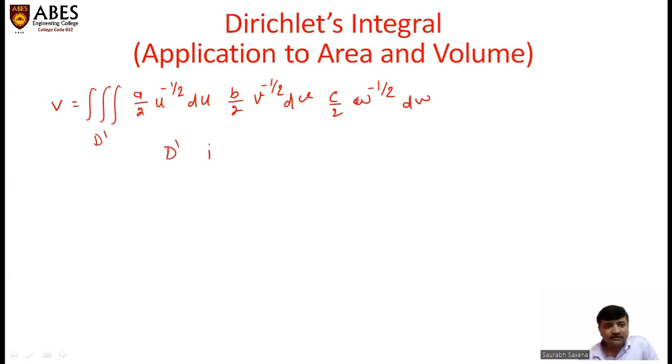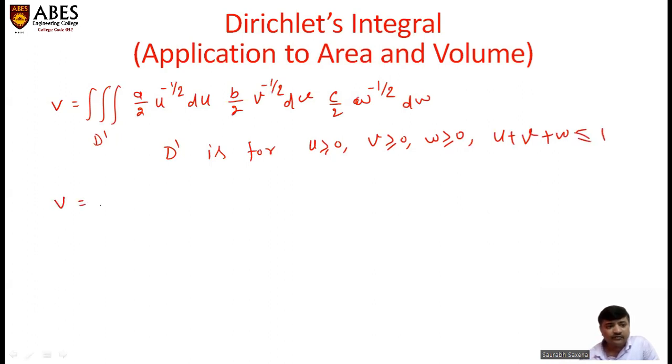And mention here D dash is for u positive, v positive, w positive, and u plus v plus w is less than or equal to 1.